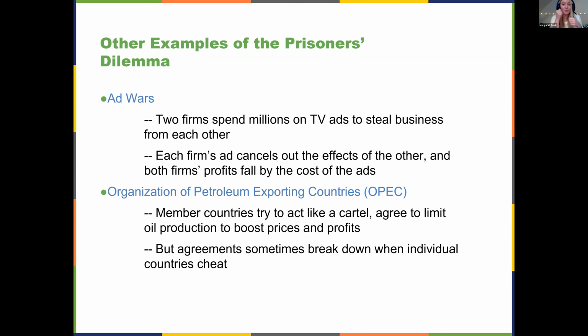And if one player is thinking that, the other player is also thinking that too. So both businesses decide to run as many ads as possible, which severely cuts into their profits compared to if they had stuck to an agreement to not run as many ads.